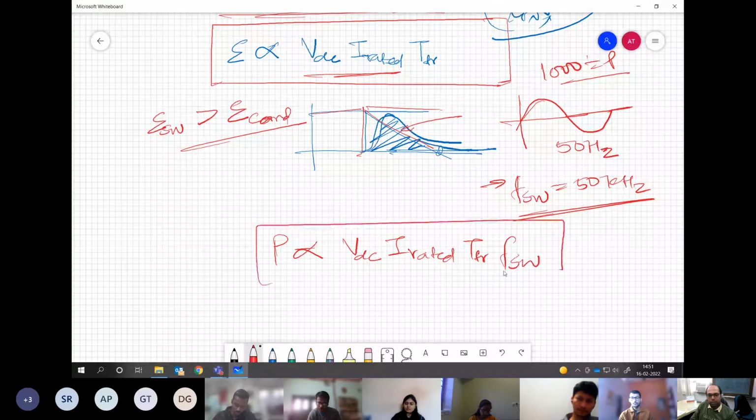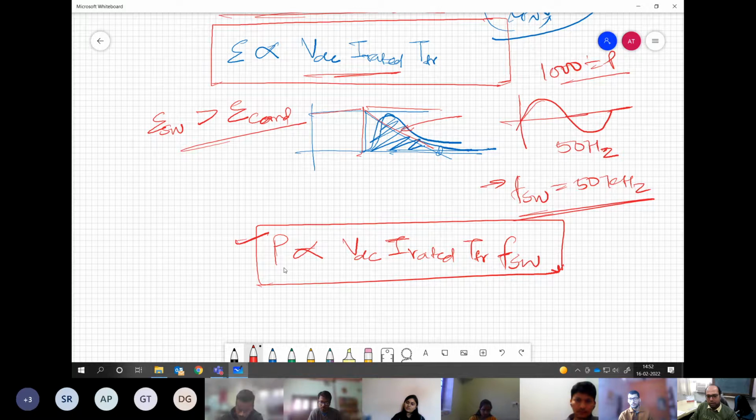I am writing proportional because it's not exactly equal. The current is changing, it's sinusoidal, and there are some more things involved. It's not a straight product, so some proportionality constant could be there. This switching power loss is proportional to these parameters.